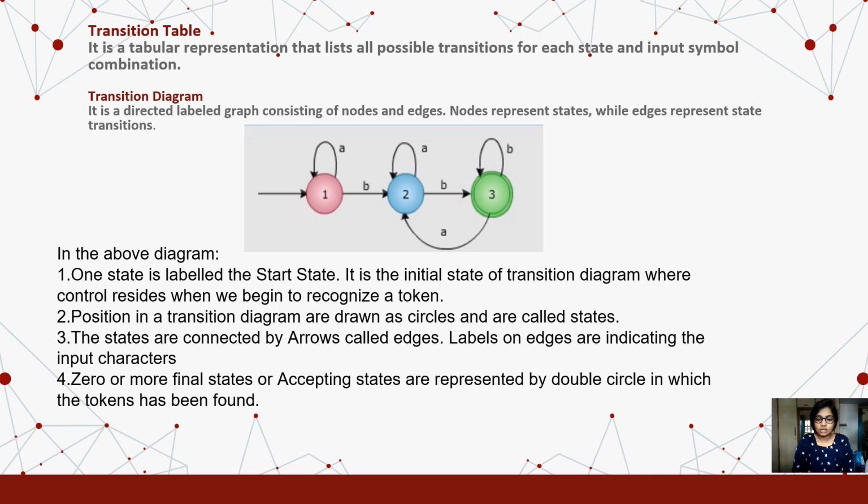It is the initial state of the transition diagram where control resides when we begin to recognize a token. Positions in the transition diagram are shown using circles, and they are called states. The states are connected by arrows, and the labels on the edges indicate the input characters. Zero or more final states, or accepting states, are represented by a double circle, in which the token has been found. The double circle indicates that it is a final state.